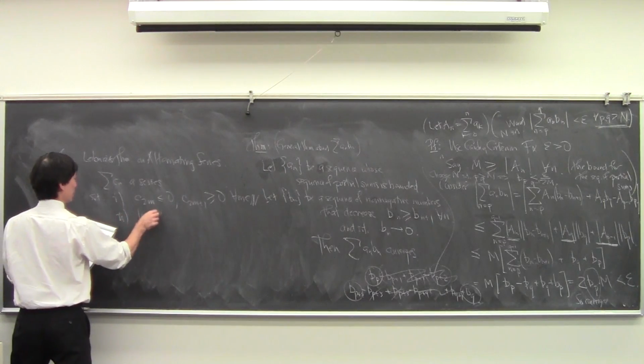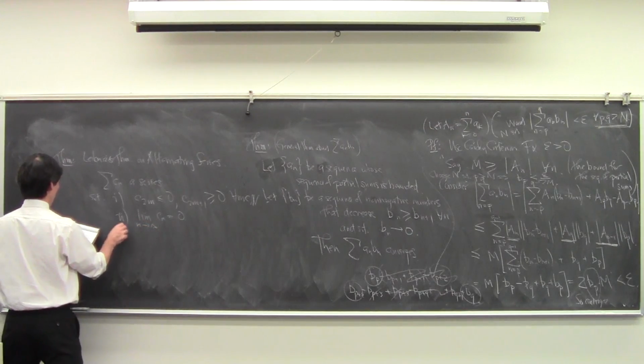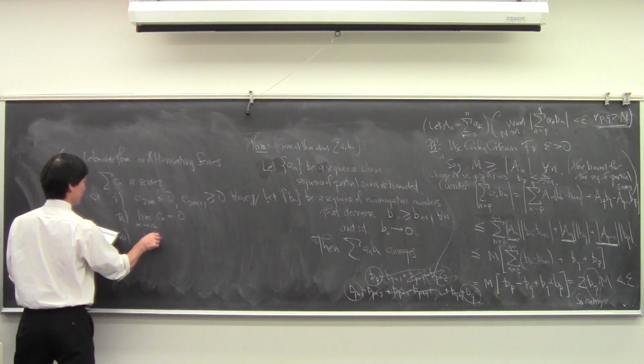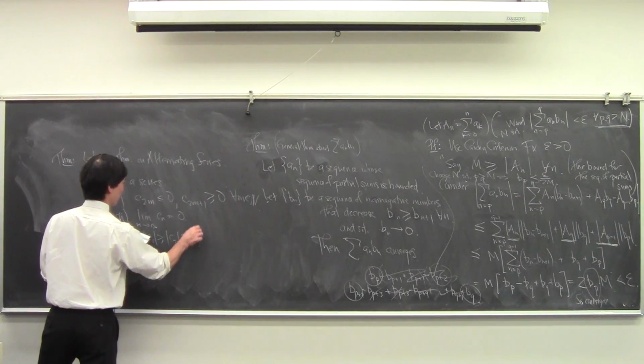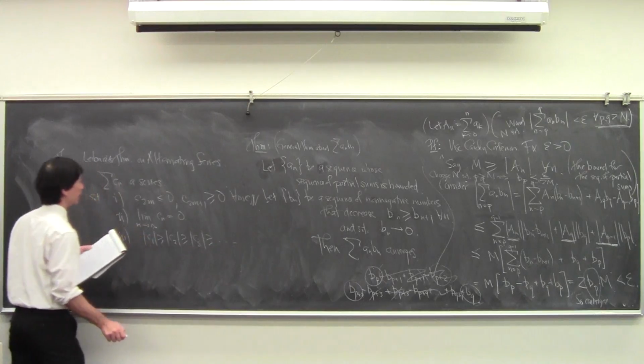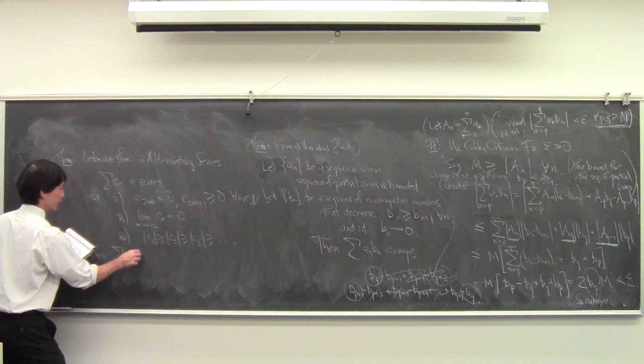Suppose that the limit is 0 as n goes to infinity, and suppose that the sizes are decreasing. Right. Then the series of c sub n converges.